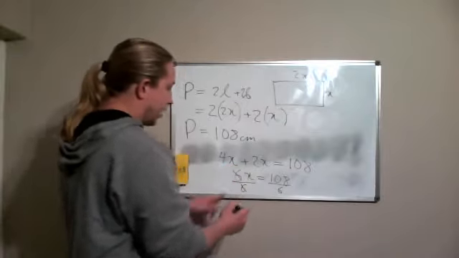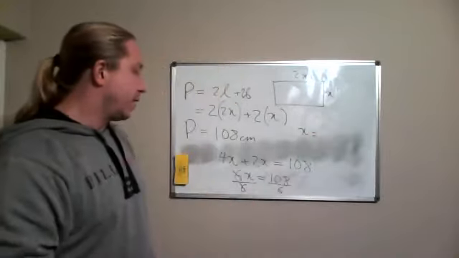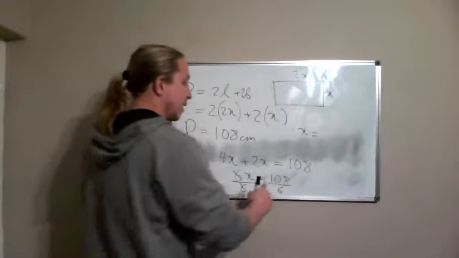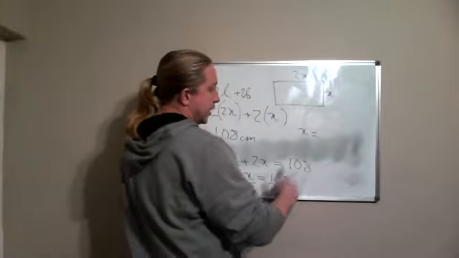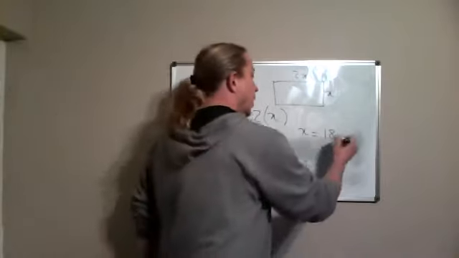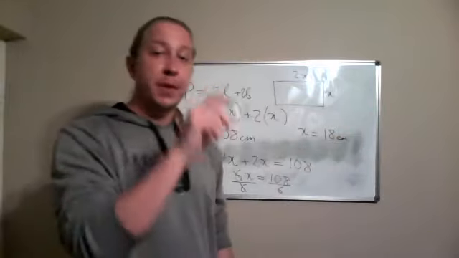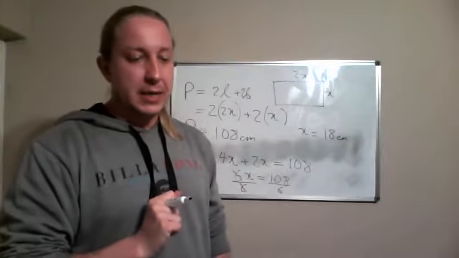That cancels with that. We have x, which equals 108 divided by 6 is, 60 is 10, 48 divided by 6 is 8, so this is 18. Okay, x is 18 what? Centimeters. Because if the perimeter is in centimeters, that means our distances are also in centimeters.